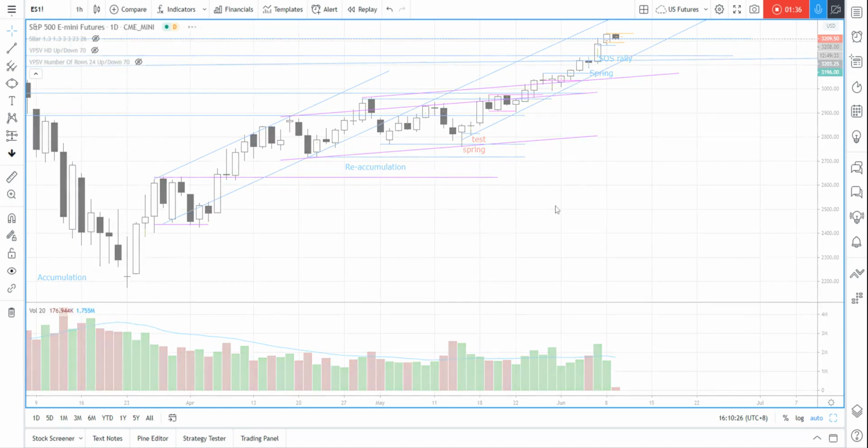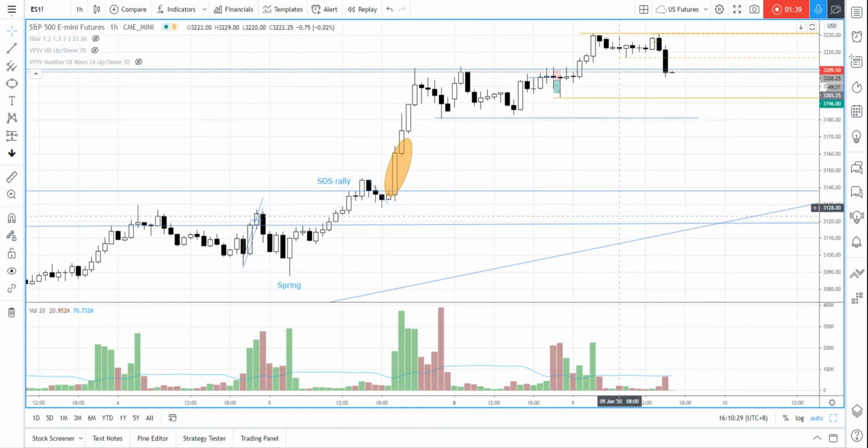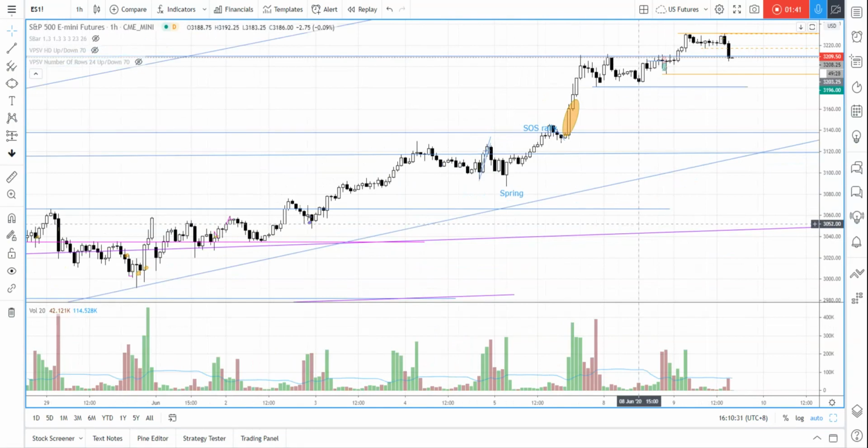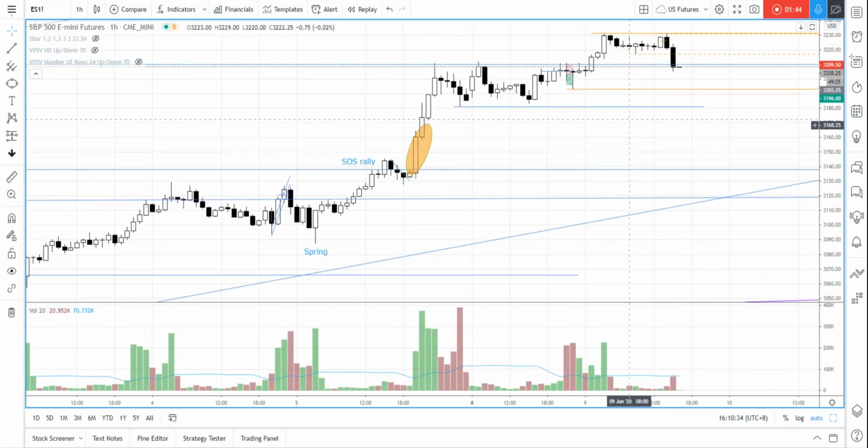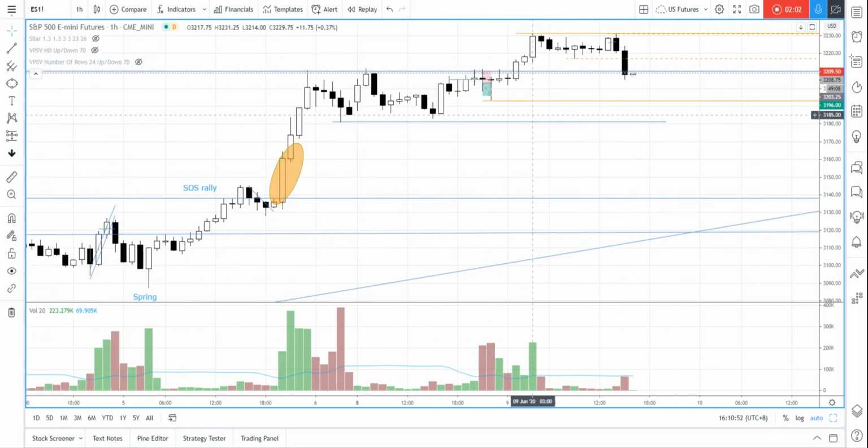So let me get to the H1 time frame and we can have a better view. What happened yesterday was a relatively tight range. Before the US opening, we have a relatively small candle just hugging near the resistance level at 3210. And even during the US opening session, we can see the demand tail in the first two candles plus two more bars with very tight range.